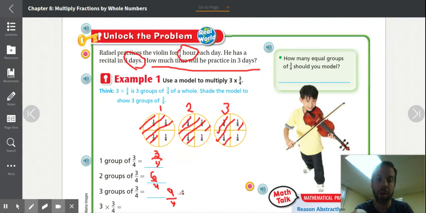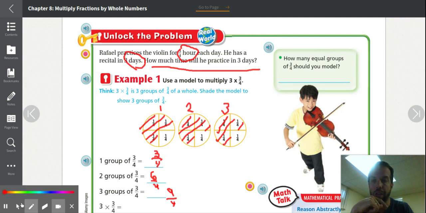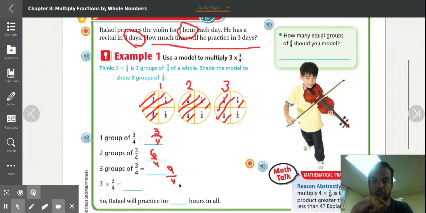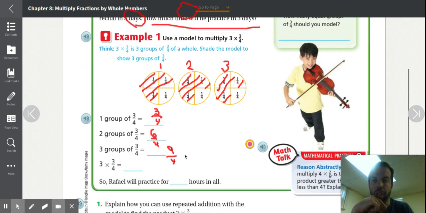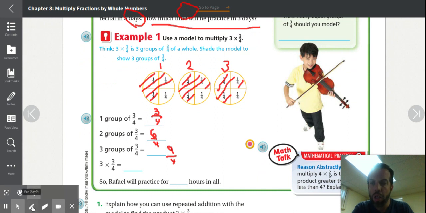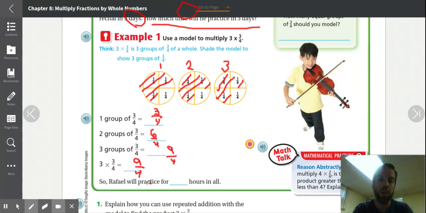Now, that's an improper fraction. So if I go back over here, move it down a little bit. Okay, it says 3 times 3/4 would equal 9/4. So 9/4 of an hour in all. Now, if I wanted to, I could change that back into a mixed number.